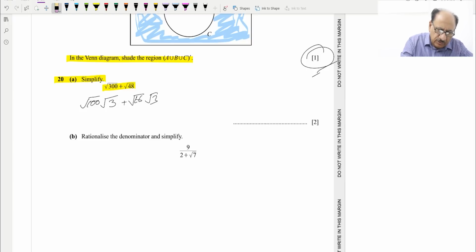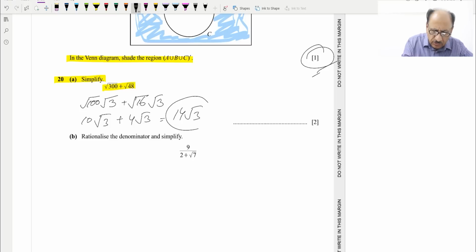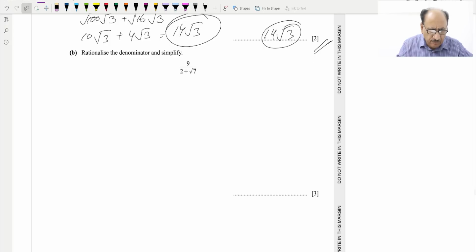So I will rewrite this as root of 16 and root of 3. Now we can write 10 root 3 plus 4 root 3, and this will be 14 root 3. This will be our final answer, which is for 2 marks. Hopefully you understood this.